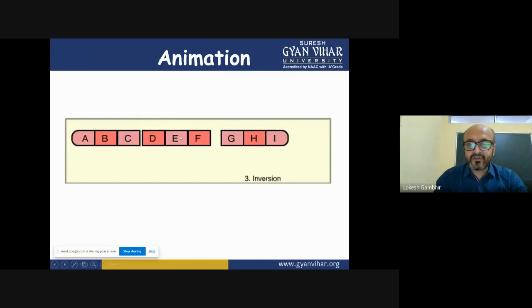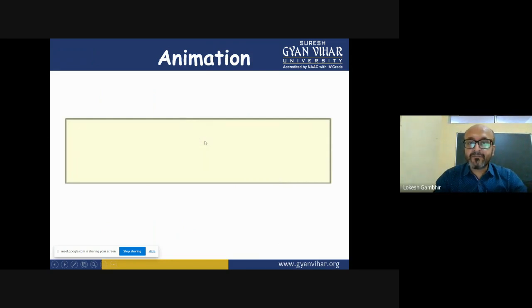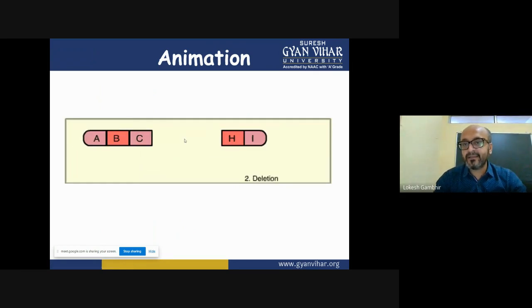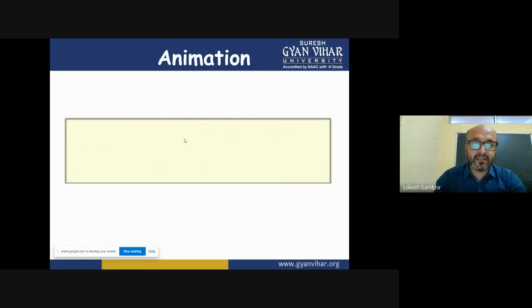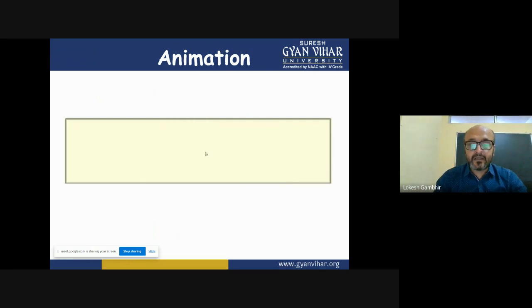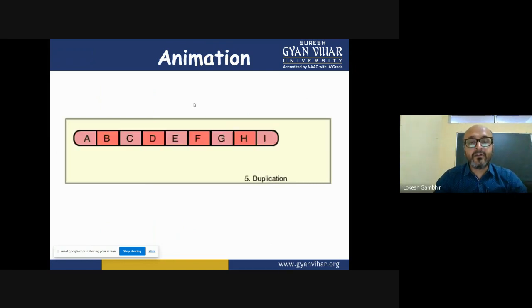Then inversion, you see, now the sequence is reversed, so the protein will not be able to form. Translocation might be the case where a segment is translocated to another chromosome, and then it can lose its integrity or the complete sequence. Then the last shown in this animation is duplication, where a new copy is inserted.